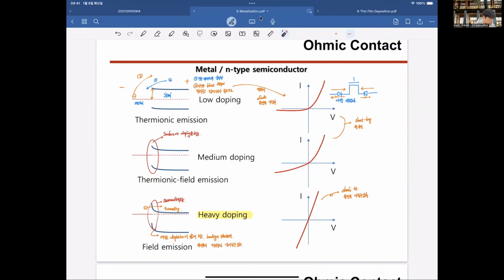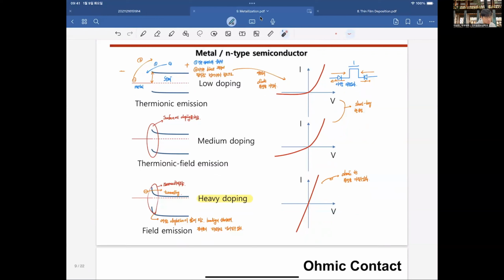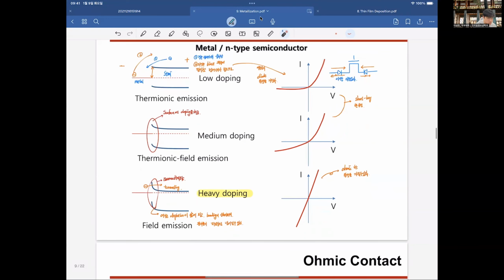So we can see when the metal and Si are joined, two different materials have different work functions, so an energy band problem occurs. So it functions as a diode.